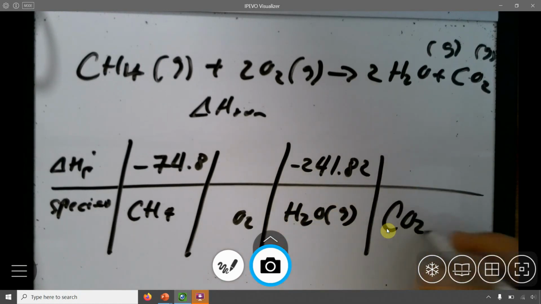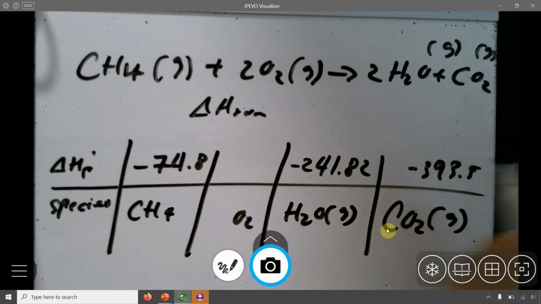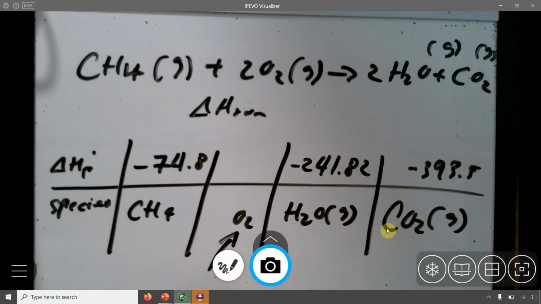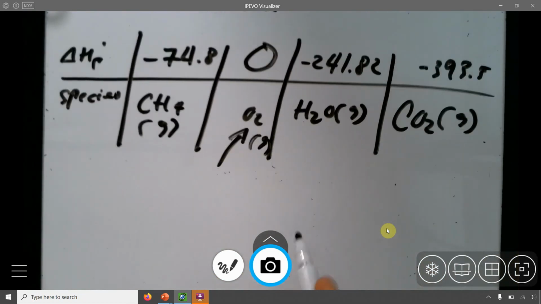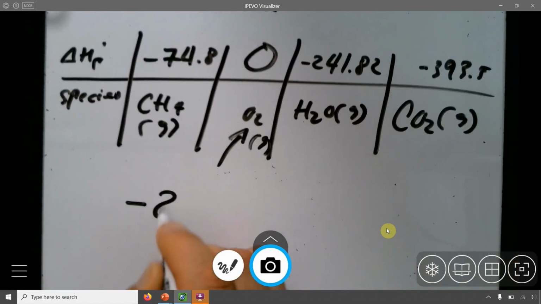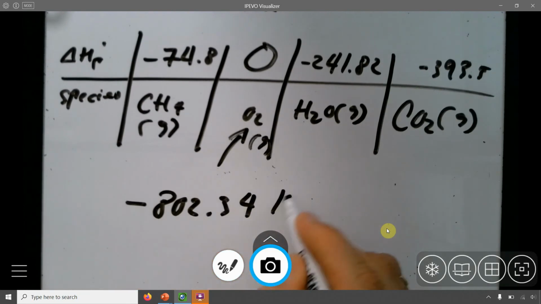And this is carbon dioxide, and it's negative 393.5. What about O2? I didn't give you that. Well, oxygen gas is the most stable form of oxygen at room temperature, so this is 0. If you want to solve all this on your own, it ends up being negative 802.34 kilojoules per mole.